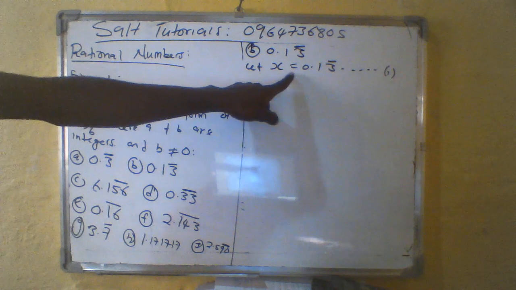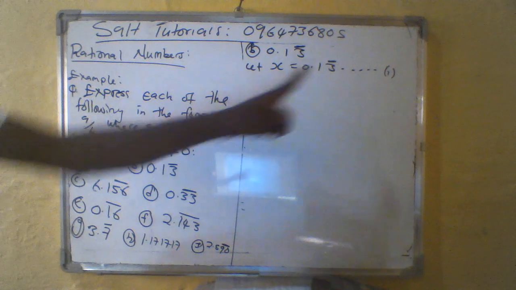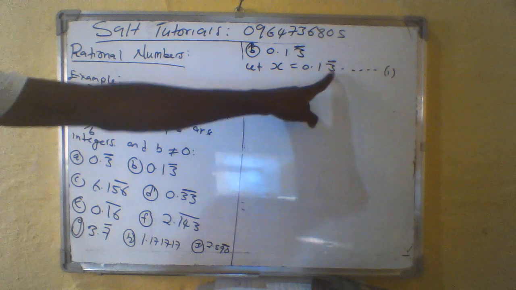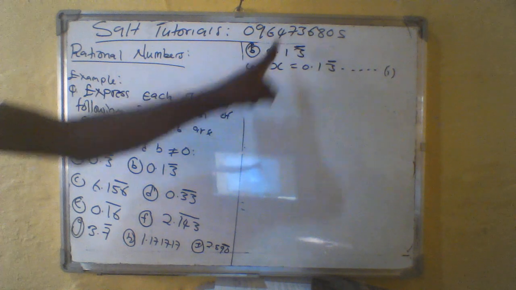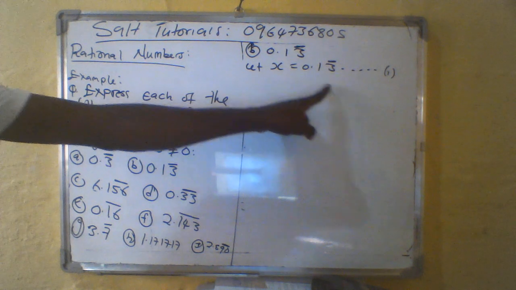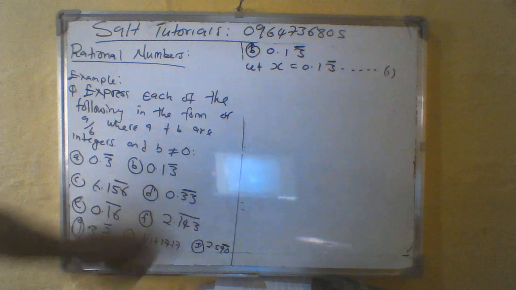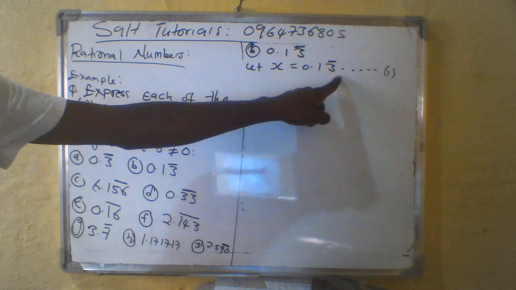To multiply this x by a certain value so that the repeating part can move to the left side. So my repeating is not 1, my repeating is 3. So for 3 to move to this side, how many times am I going to multiply? I'm supposed to make sure that my decimal point moves 2 times.